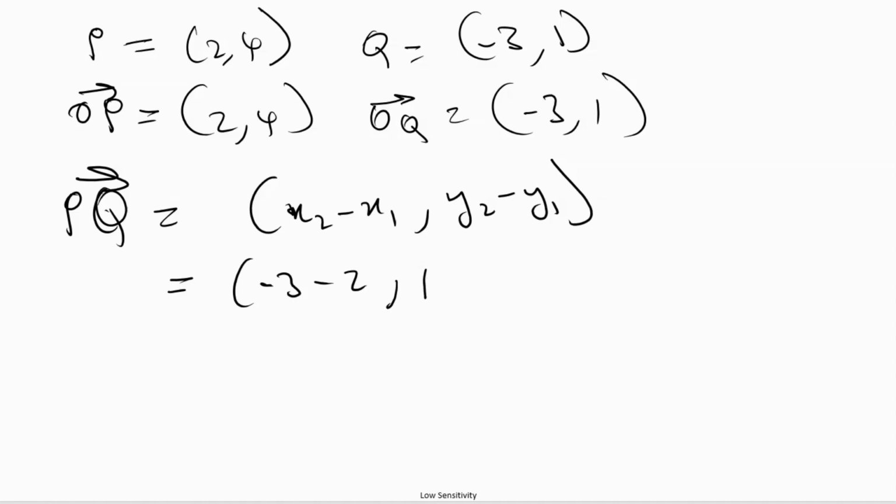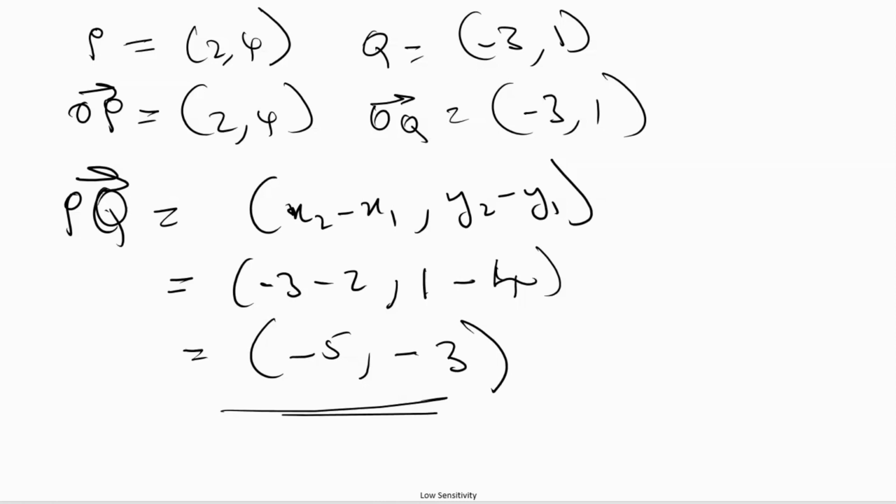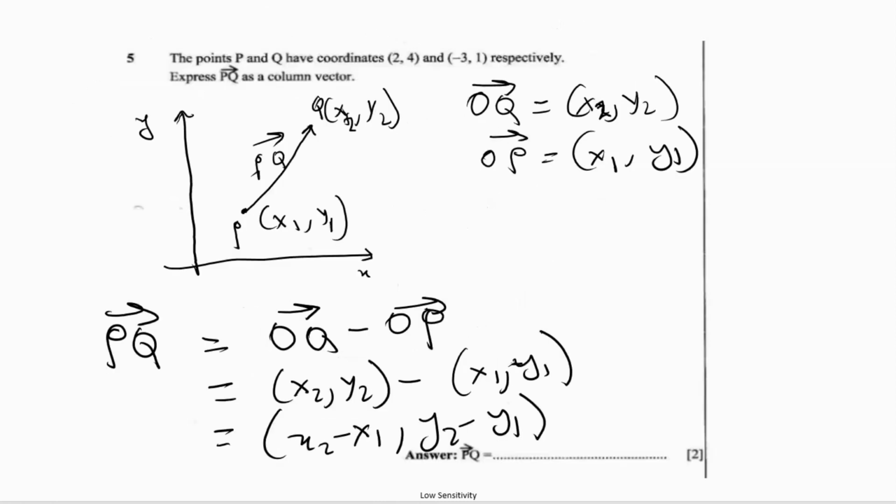So y2 is 1 minus y1, which equals 4. So we end up having -5, -3. So we can come back in here, and our answer is (-5, -3).